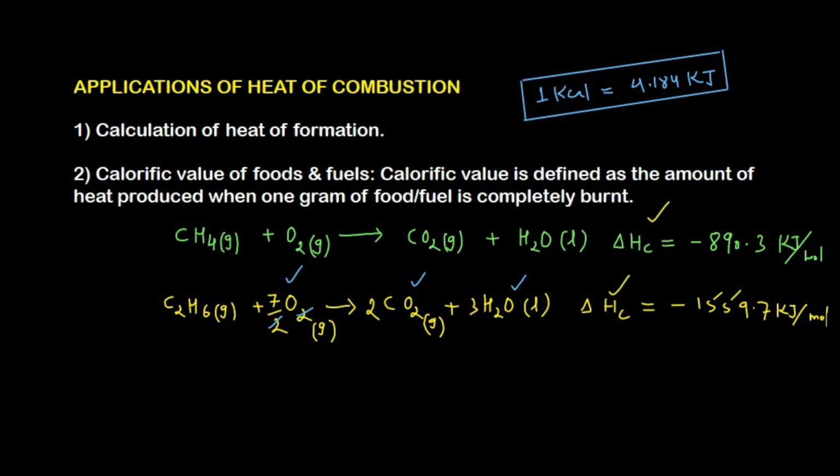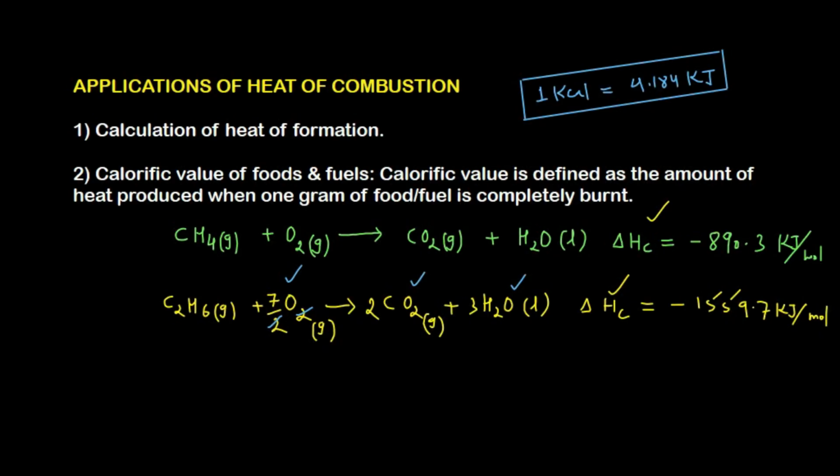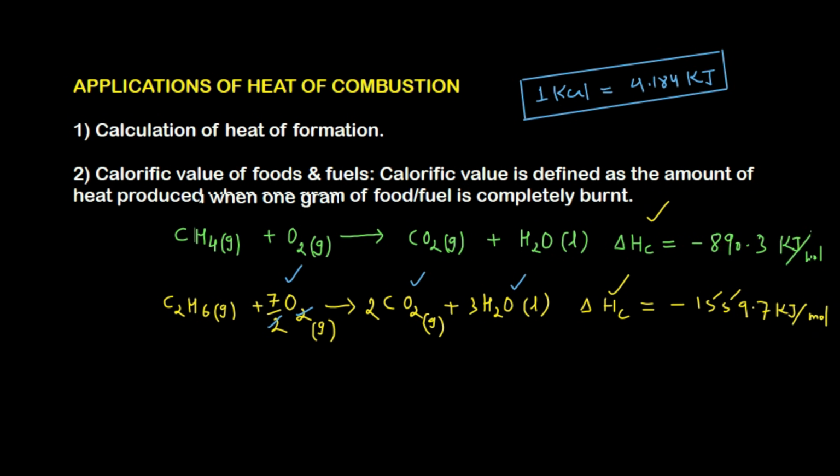But we need calorific value, and calorific value we always calculate for 1 gram. So let's calculate the calorific value, which is the heat produced by 1 gram of the fuel or the substance. If I go back to the previous slide, this value for methane is 890.3 kilojoules per mole, and we need to convert this per mole into per gram.